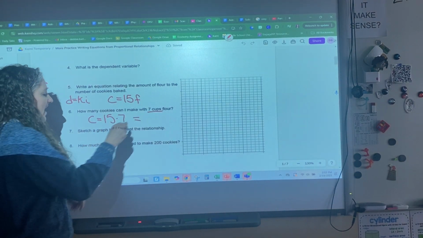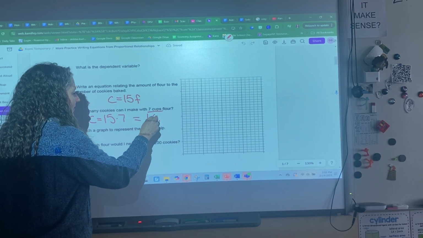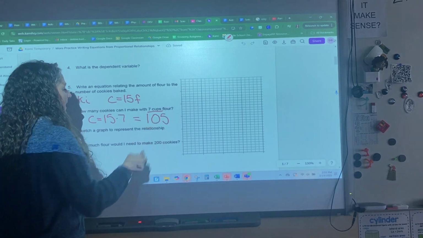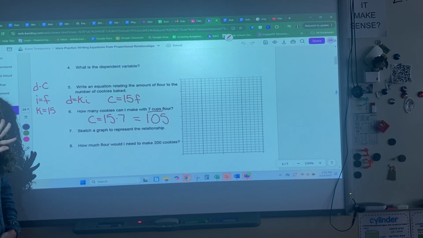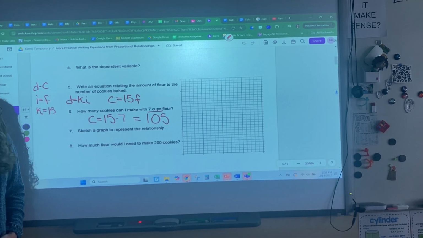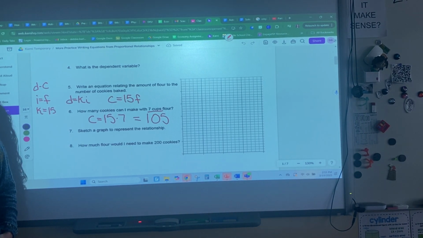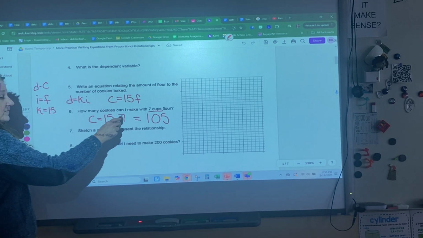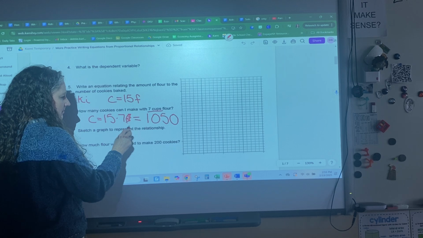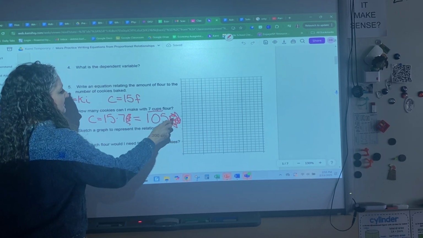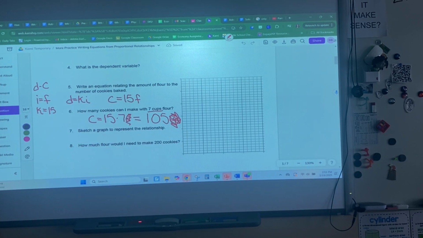So if I have 7 cups of flour, how many cookies am I making? 105 cookies. That is enough cookies for the entire middle school. That relates to that 1,050 that we got, because then it was 70 and we had another 0. Right, but we don't. So no 0. I can't just erase the little spot.